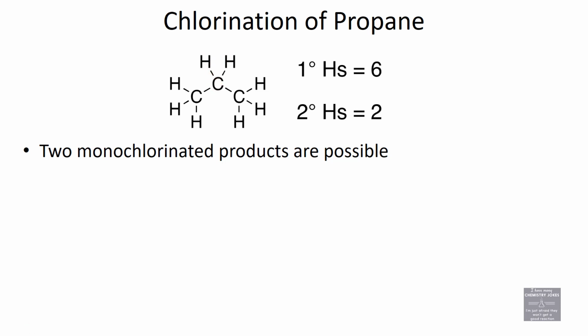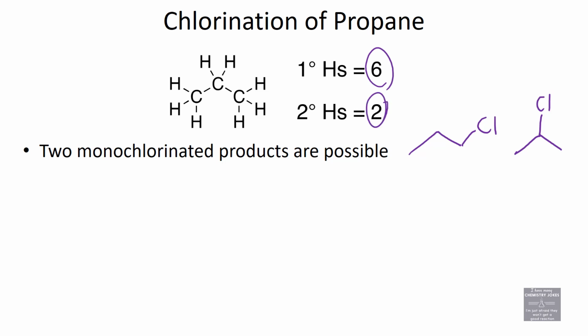So there are six primary hydrogens and two secondary hydrogens. We could imagine a primary hydrogen being abstracted to make that product. We could imagine a secondary hydrogen being abstracted to create that product. Two monochlorinated products are possible. 1-chloropropane, 2-chloropropane.